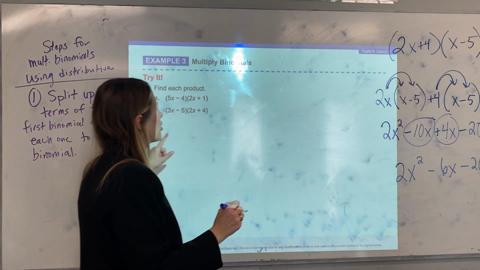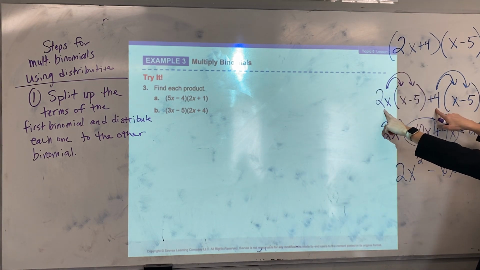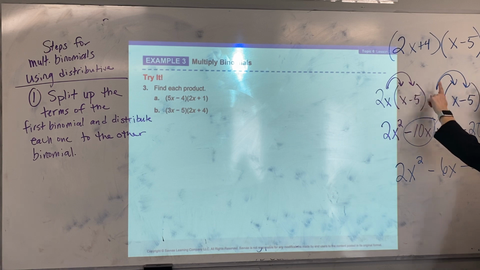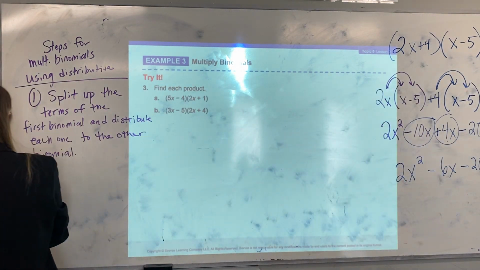Split up the terms of the first binomial and distribute them to the second binomial. Distribute each one to the other binomial.